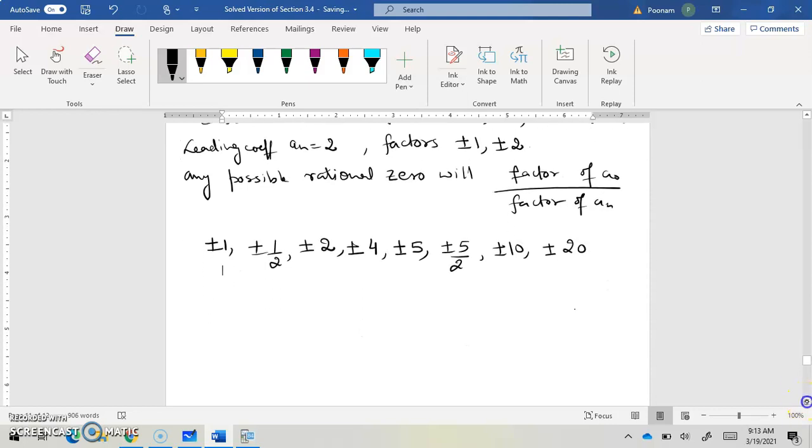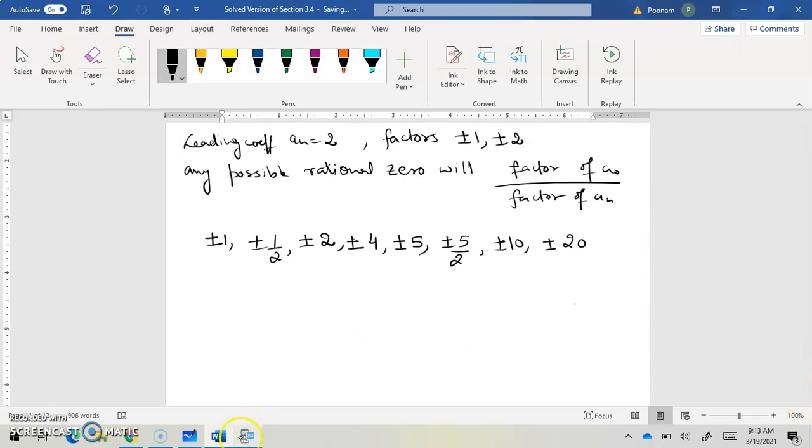So these are the possible zeros. Let's try to type it in the calculator.